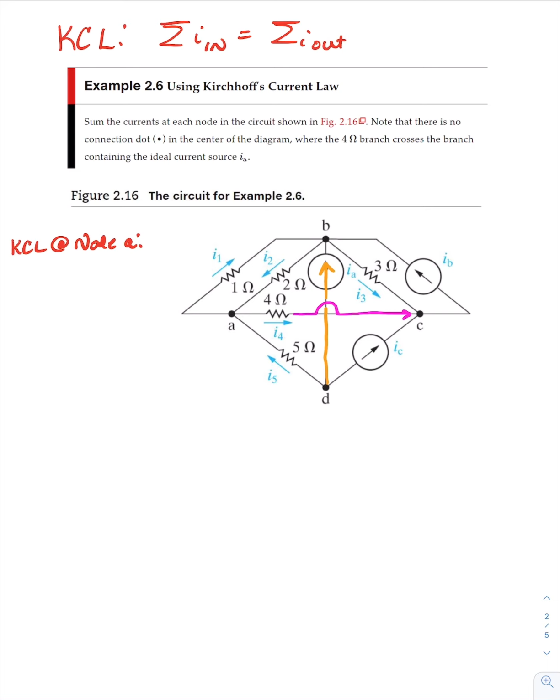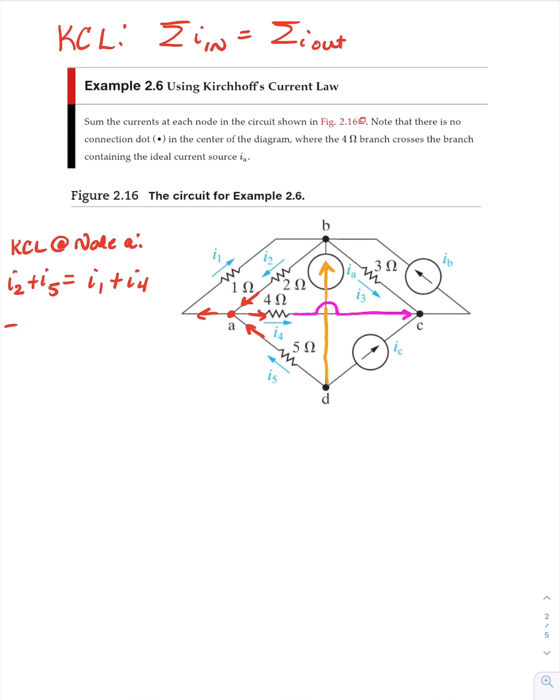So node A is right here. What's coming into the node? I sub 2, I sub 5, and that looks like it. So we say I sub 2 plus I sub 5 is equal to what's leaving. And what is leaving is I sub 1 and I sub 4. So it's equal to I sub 1 plus I sub 4.